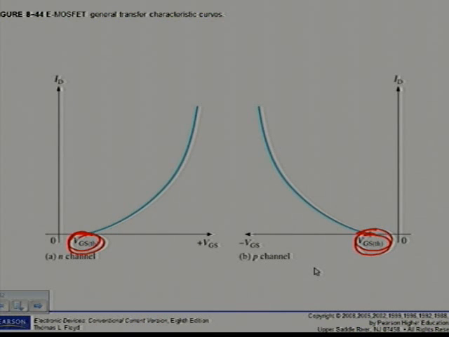The datasheet for a 2N7002 E-MOSFET gives ID on equal to 500 milliamps minimum at VGS equal to 10 volts, and VGS threshold is equal to 1 volt. Determine the drain current for VGS of 5 volts. Alright, the solution then on page 403.